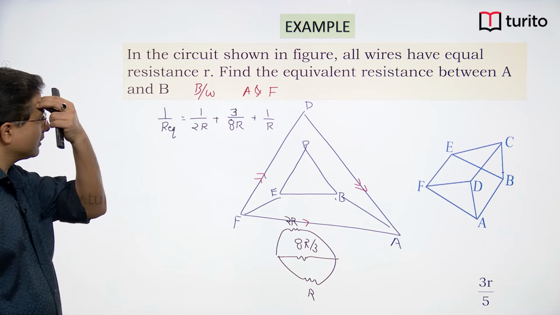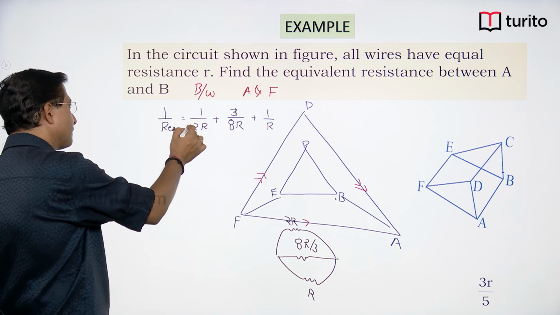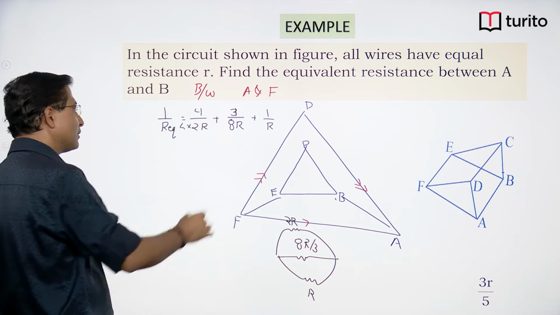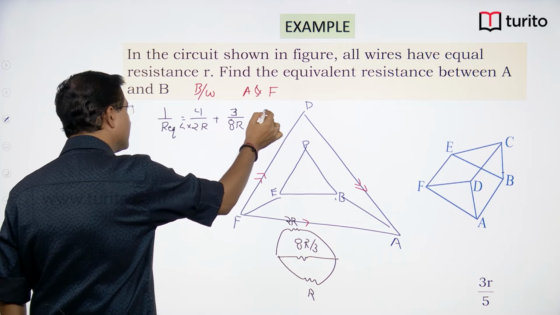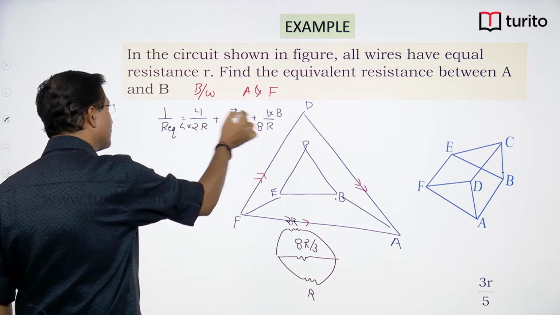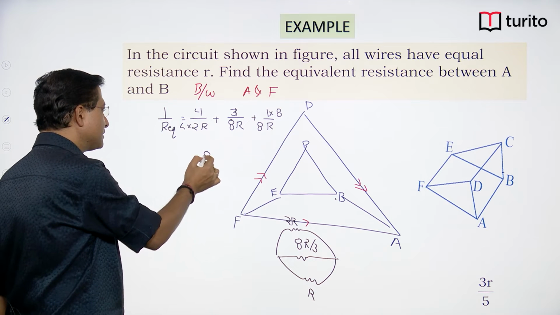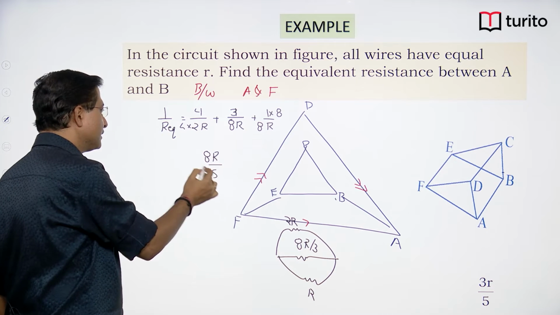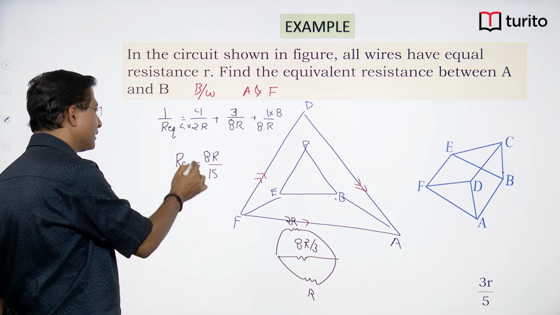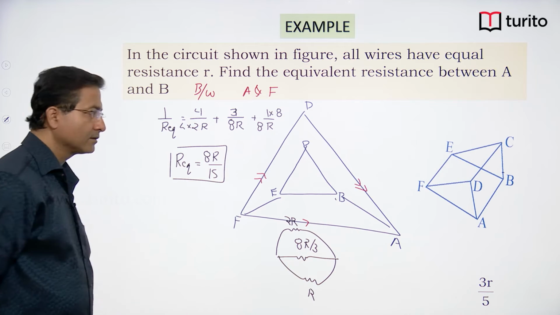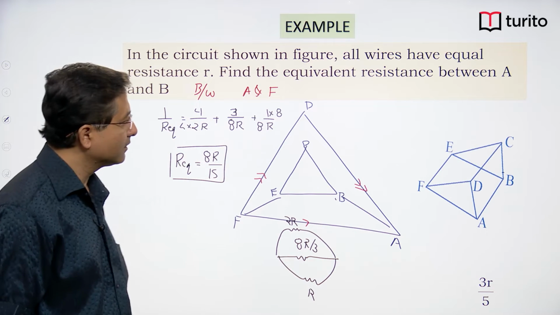So now you can simplify, multiply and divide by 4 here, and multiply and divide by 8. So 12 plus 3, 15, 15 by 8R, that means 8R by 15 is equal to R equivalent. This is the answer, right?